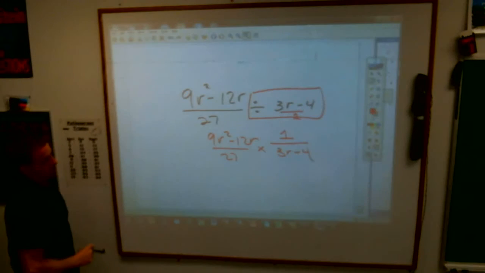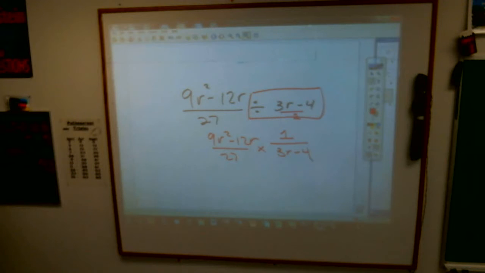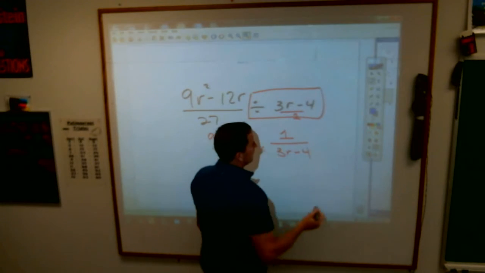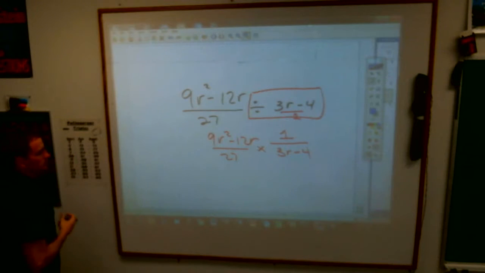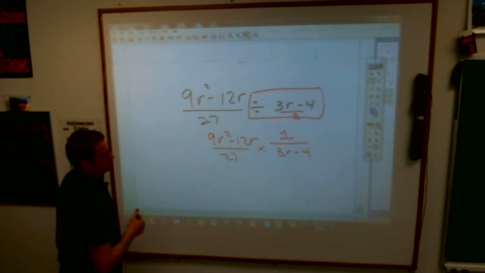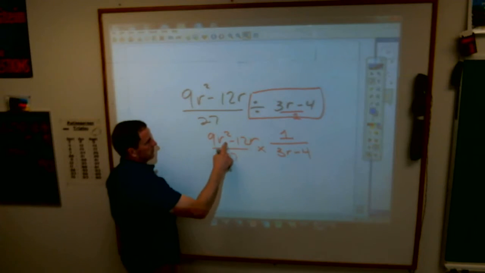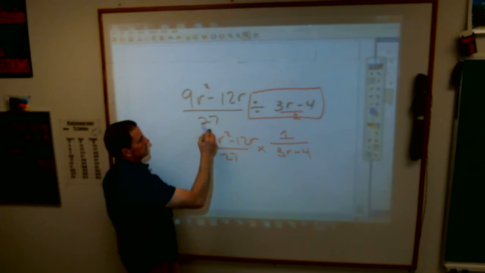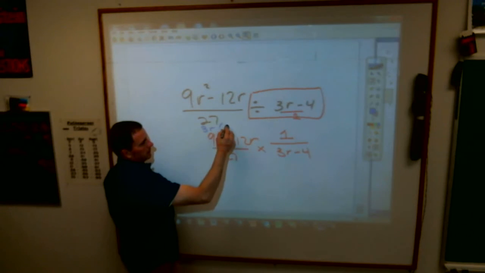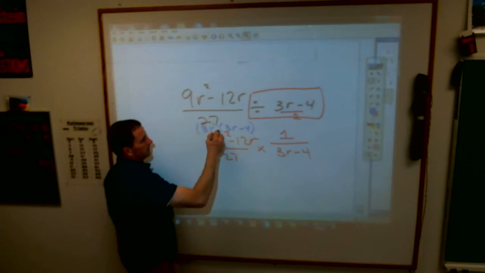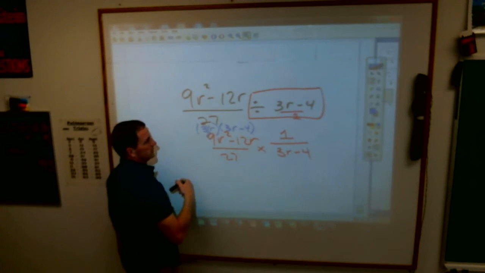Anything cross off? I don't know, because we didn't factor. What can you factor out of this? 3r. And that leaves you with a 3r minus 4. Remember, those are all factors of each other.